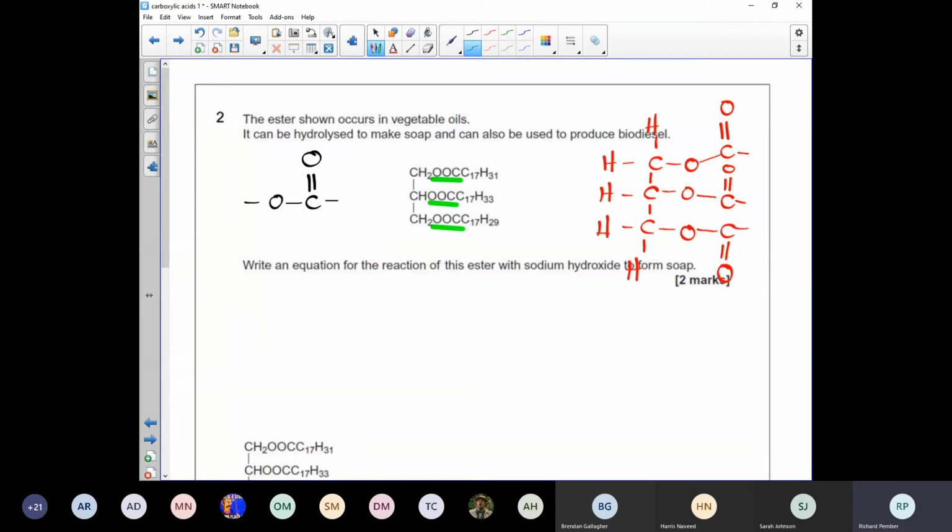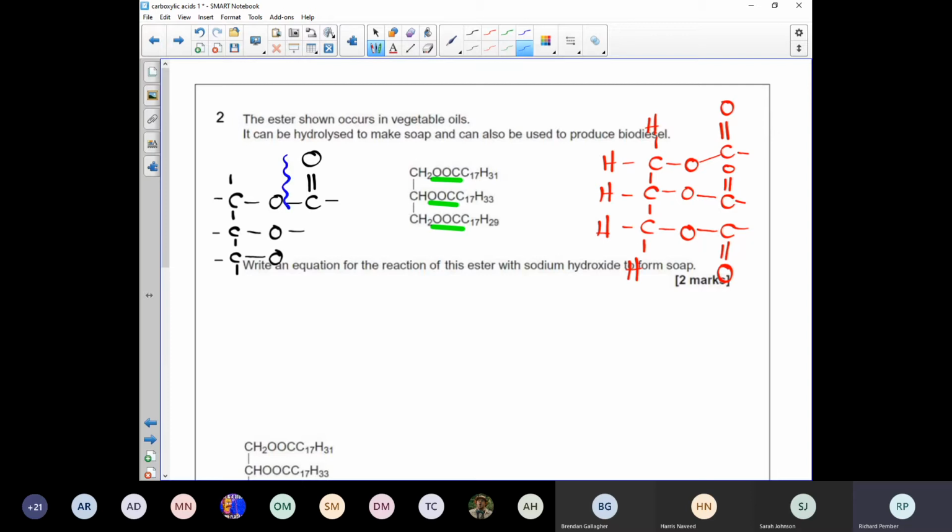What we're going to do here, write an equation for the reaction of this with sodium hydroxide. As we saw in that previous question, and this time remember, our molecule is like this. So we're going to break those 3 ester links.